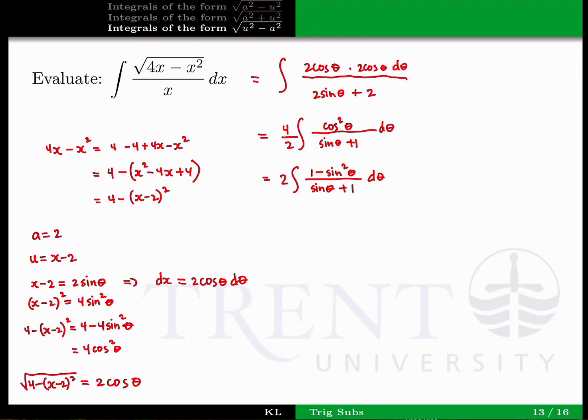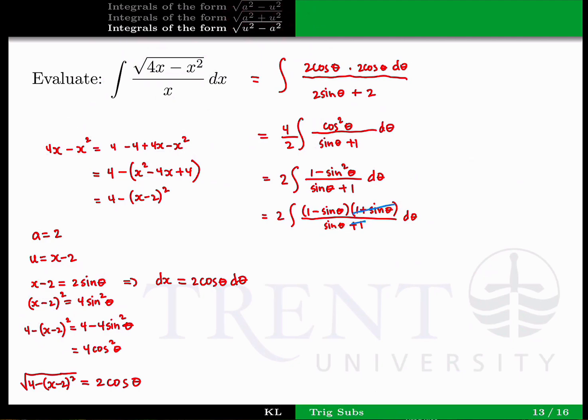Notice that 1 minus sine squared theta is a difference of two squares. If you remember that, you can write 1 minus sine squared theta as (1 minus sine theta)(1 plus sine theta). And the denominator is sine theta plus 1, and then you have your d theta. And voila, you can cancel 1 plus sine theta with sine theta plus 1.